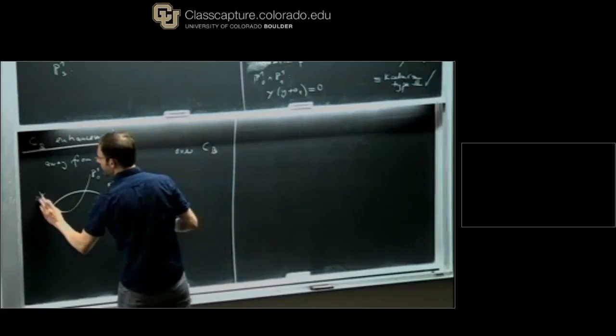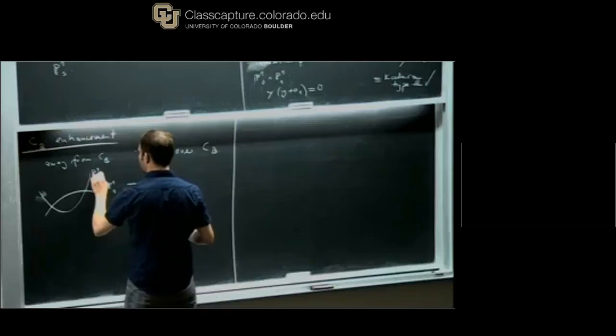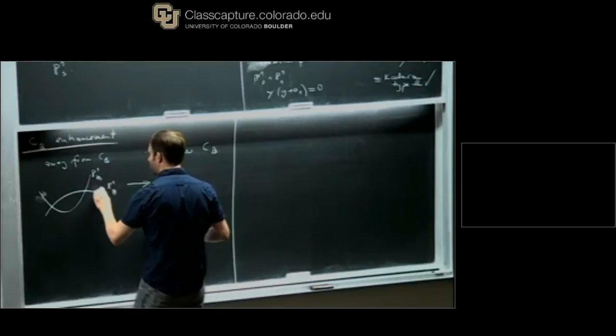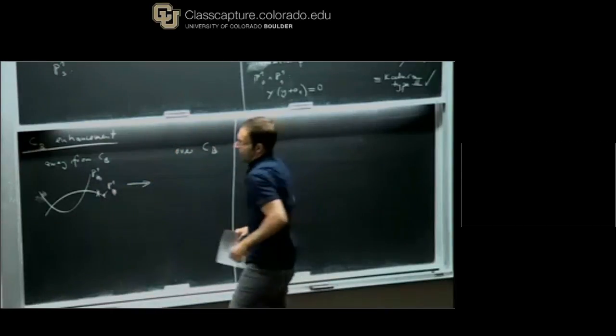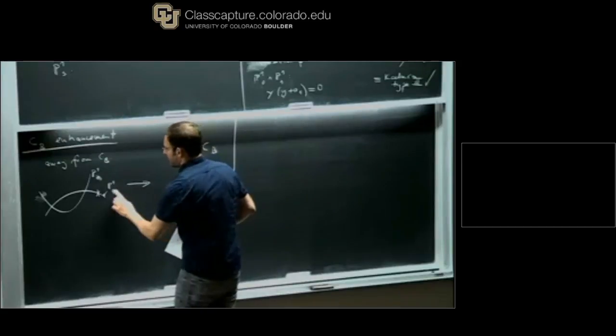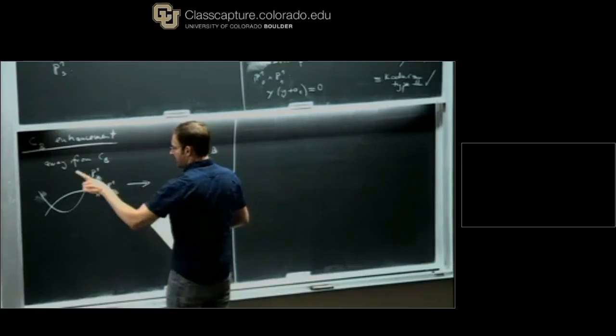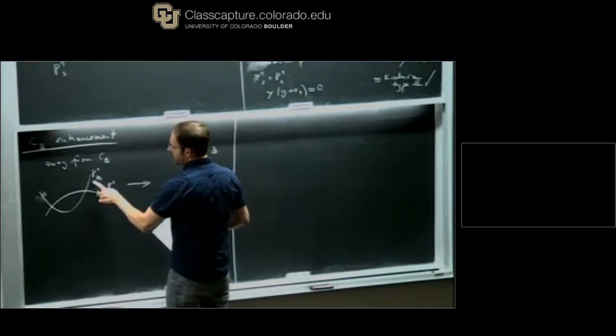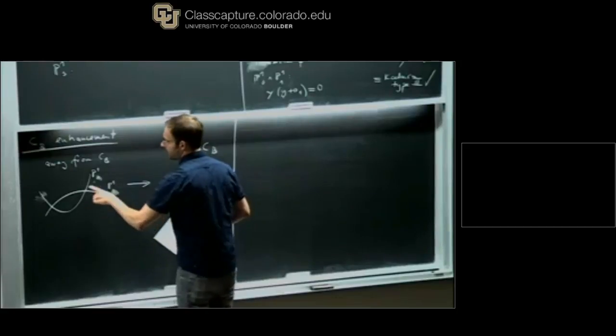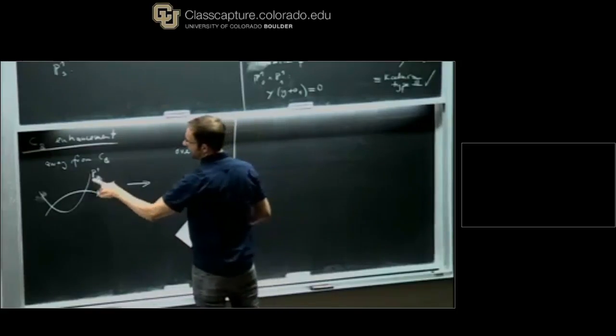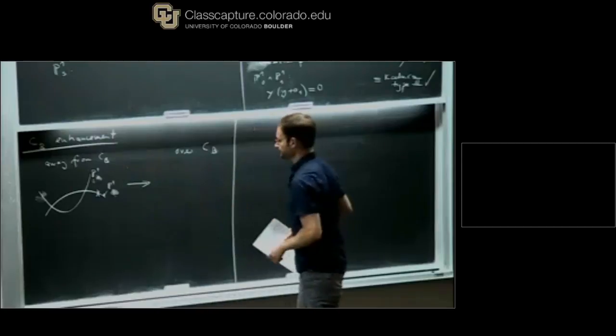Let me draw it like this. What you find is that one of the two P1s, namely this one, not intersected by the section, splits into two.